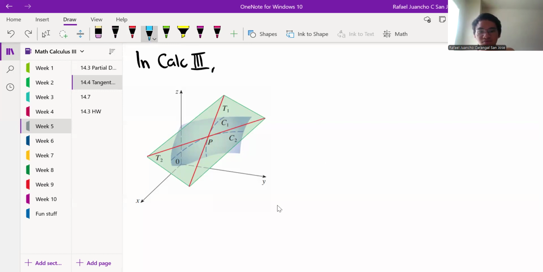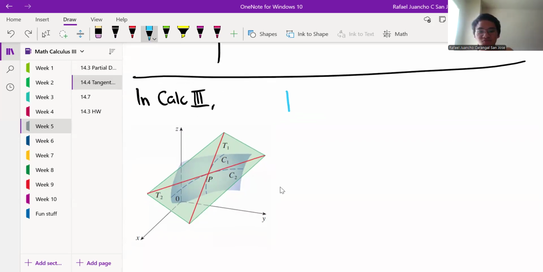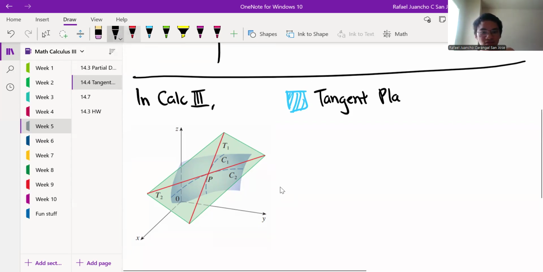So okay, let's actually dive deep into what this is mathematically. What are tangent planes to be exact? So tangent planes in the mathematical sense. Suppose we have our surface, right?